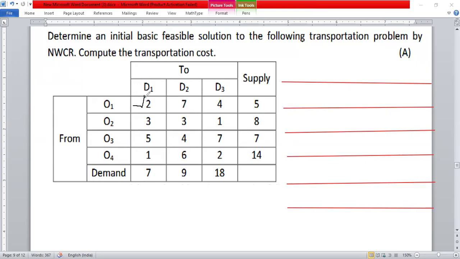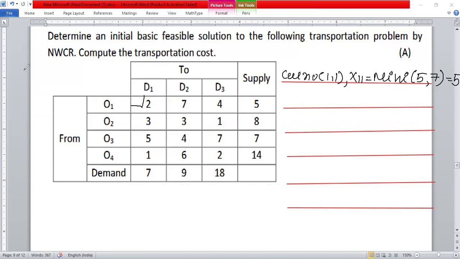Yes, you have to put a small allocation there. So cell number 1,1. x11 is equal to the minimum of, look at that, we are in 1,1. The row end point is 5, and the column end point, that is supply and demand, the demand is 7. Which is the minimum number? 5 out of 7.